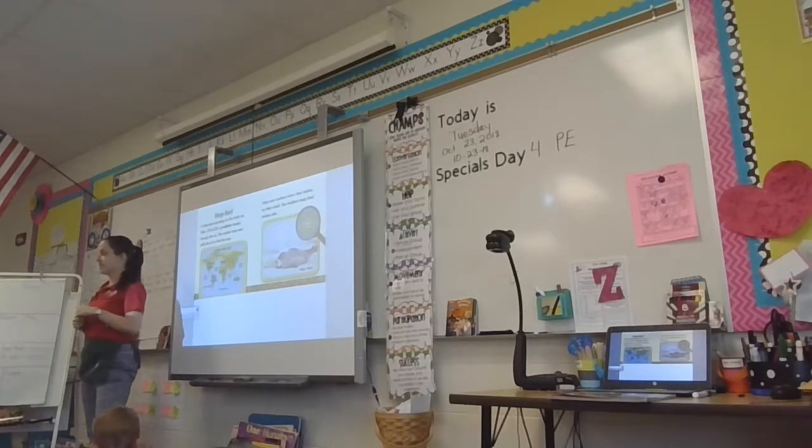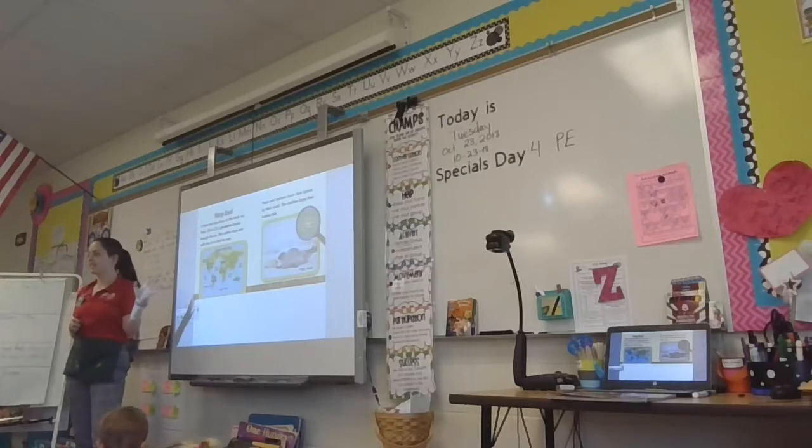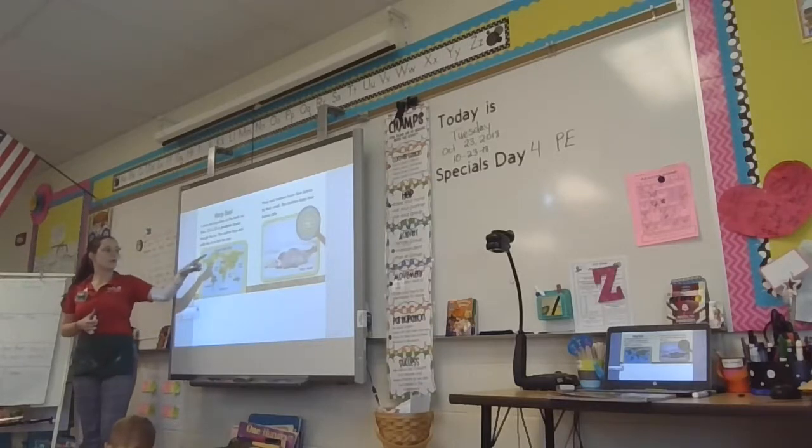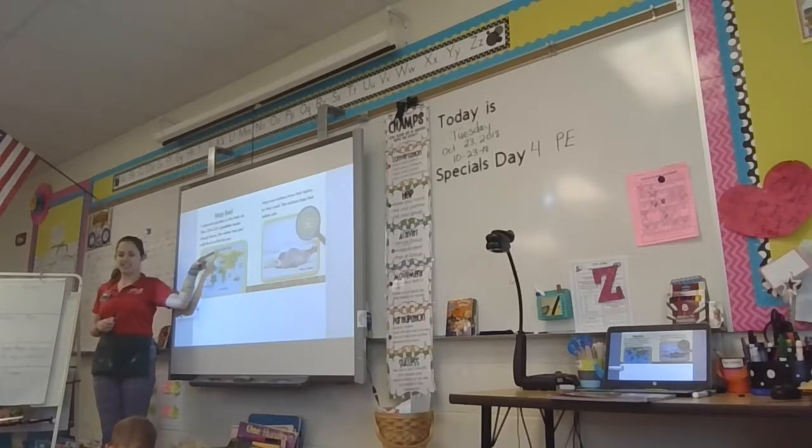Does anybody know what this is? Cheyenne? A map, right. So how can a map help us with this text? It tells you in New York any place you want to go. Right, so it tells you where something is. Can you guys see this label right here? It says where they live.